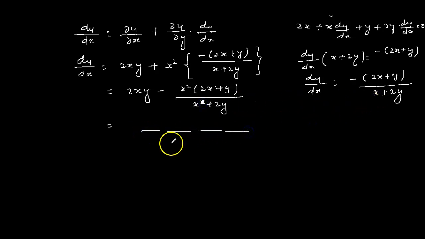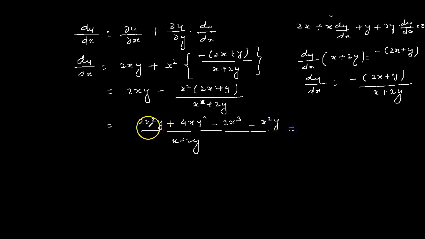So the LCM is x plus 2y, and here we get 2xy times this one. So 2x squared y plus 2x, 2 to the 4, 4xy squared minus this one here, this becomes 2x cubed minus x squared y.